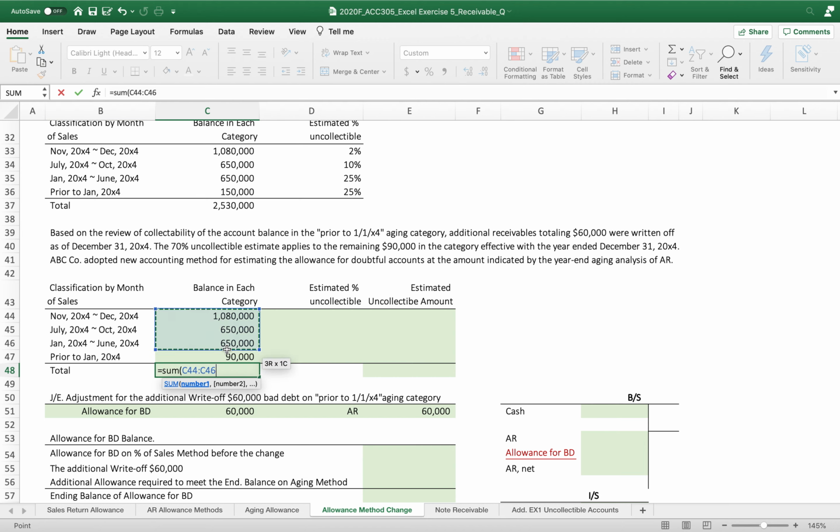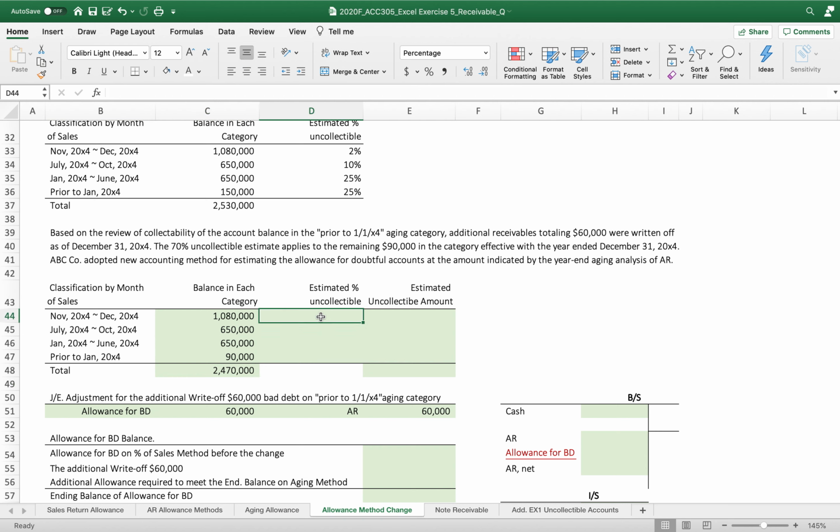AR balance is $2,470,000. That is the total AR balance. And estimated percentage uncollectible. Now we also transfer this information into this schedule. But do you remember, now we have a new percentage of uncollectible estimate. So 70% uncollectible estimate applies to the remaining 90,000. So we change this percentage.